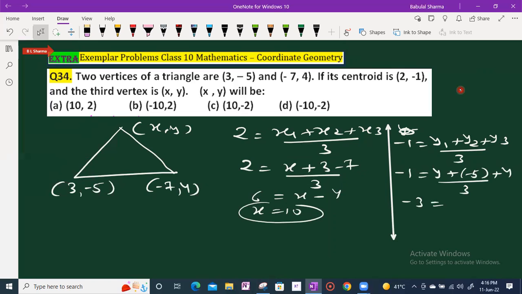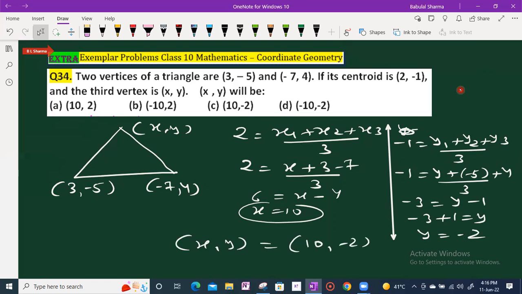So minus 3 is equal to y minus 1. So y is minus 3 plus 1, so y is minus 2. So the x, y coordinate of the third vertex will be (10, -2). So C is the correct option here.